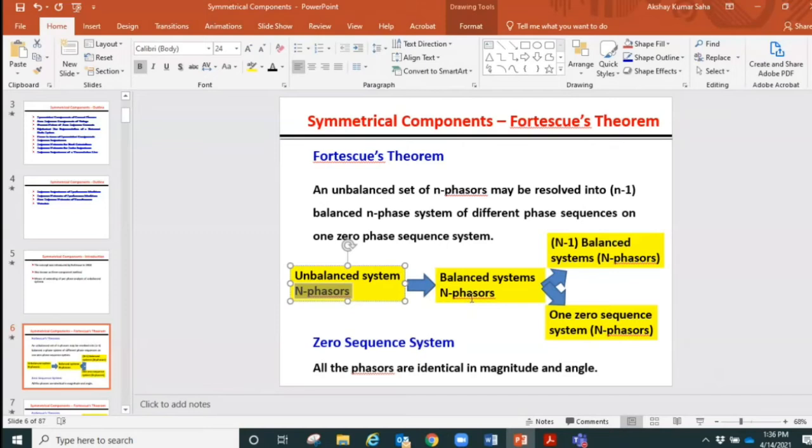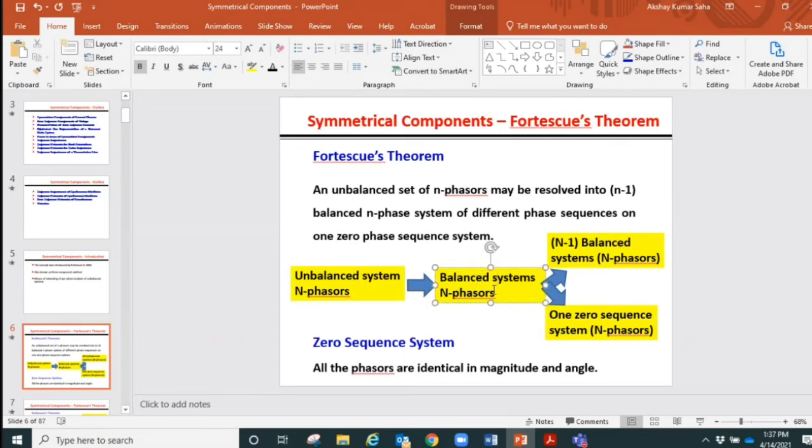He says you can resolve this unbalanced system with n phasors into a balanced system, into a set of balanced n phasors. It's not changing the number of phasors, because that would be a problem. It keeps the number of phasors constant, but gives us a balanced system from an unbalanced system.